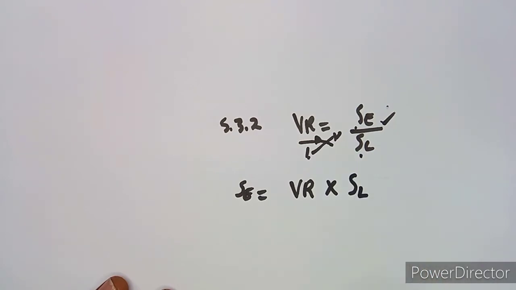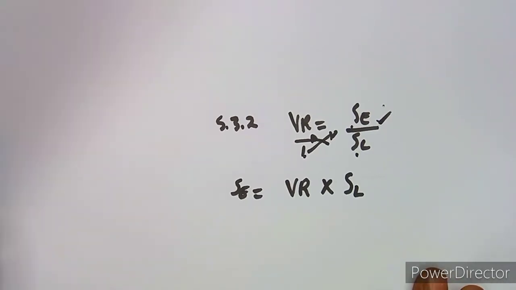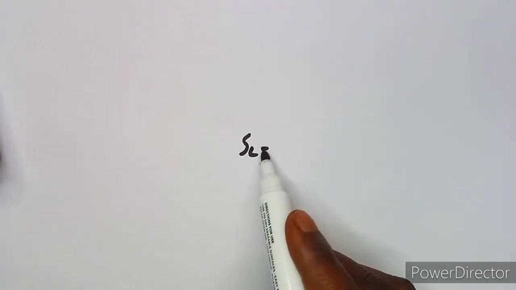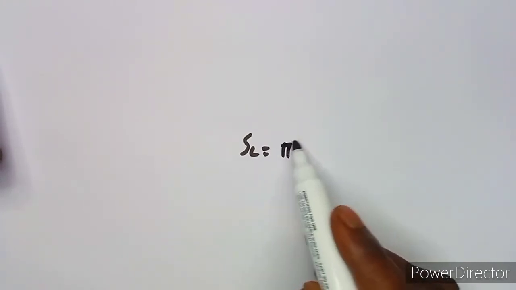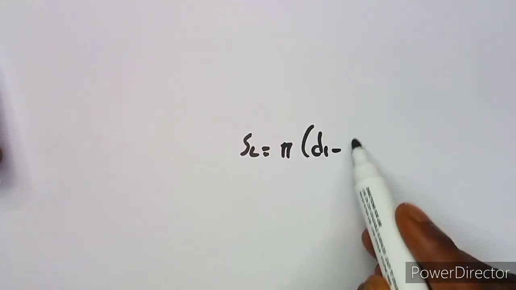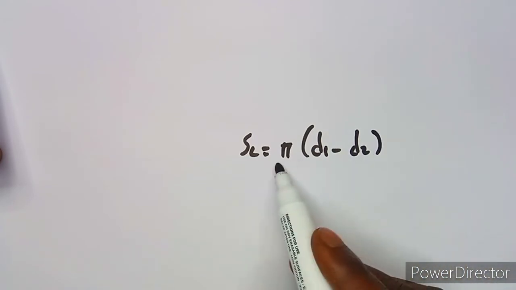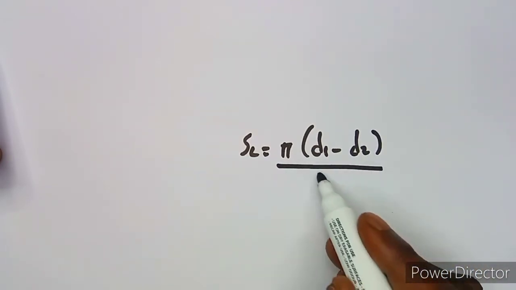So it's 1 times the effort distance, which is equal to the velocity ratio times the load distance. Okay, this load distance is given by a special formula, let me write this formula for you. The formula for load distance is given by SL is equal to pi into D1 minus D2 over 2.